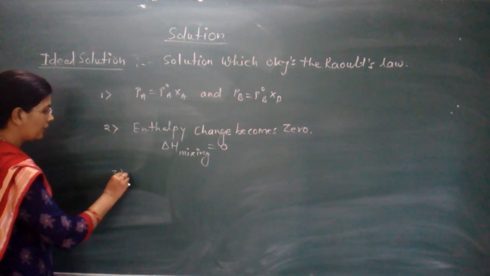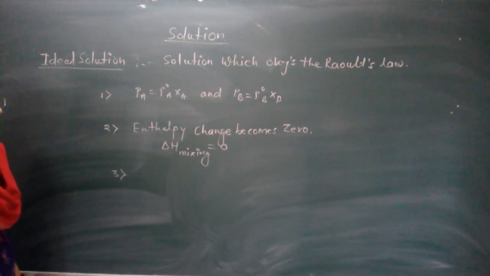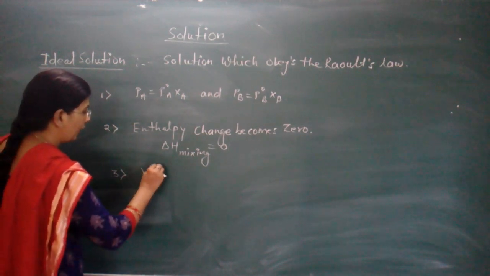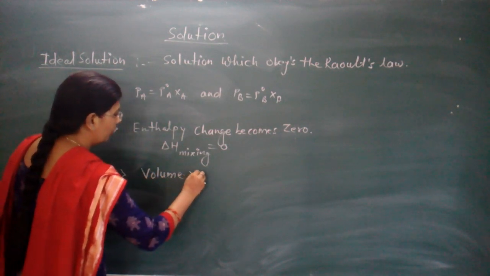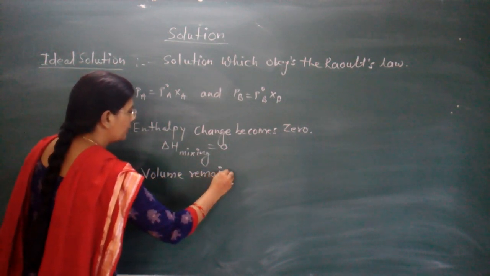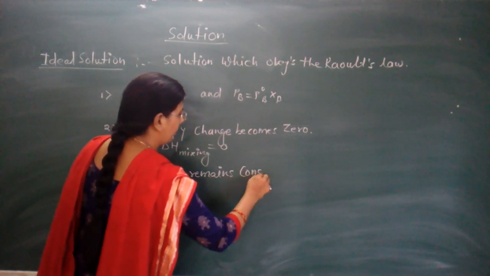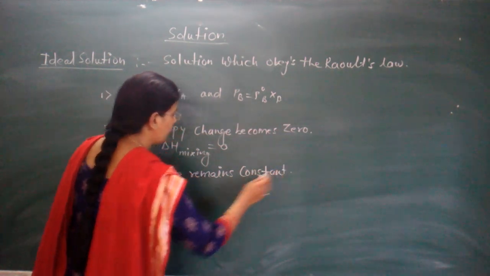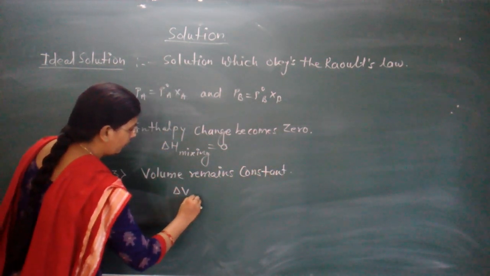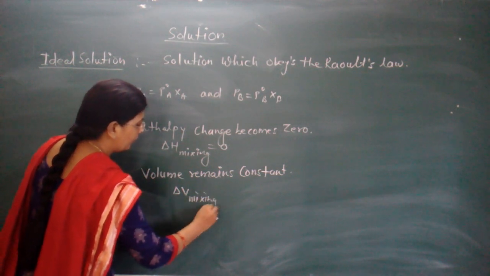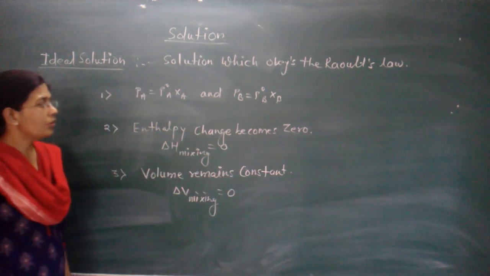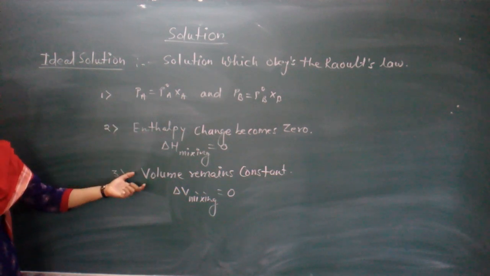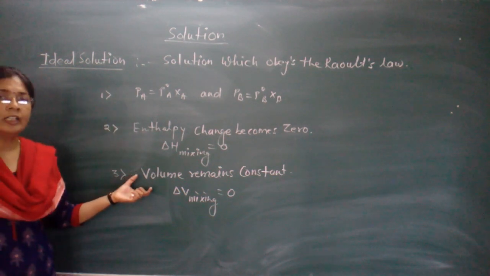And third, during the formation of an ideal solution, the volume remains constant, which means delta V mixing equals 0. So these are the three conditions. Any solution that follows these conditions is said to be ideal.